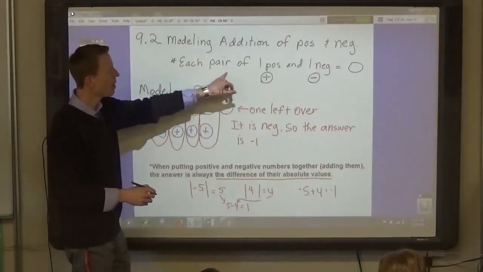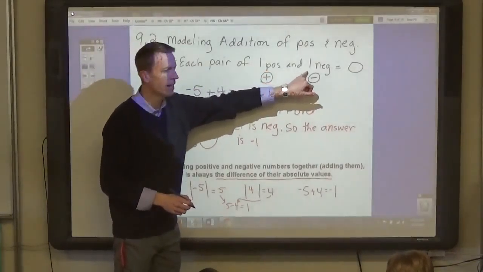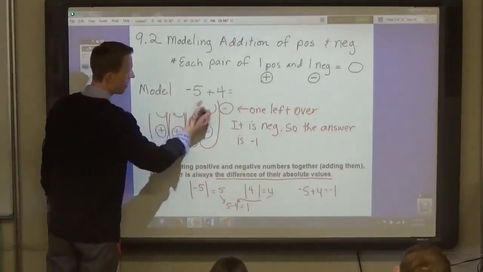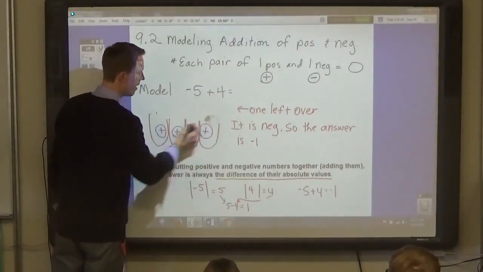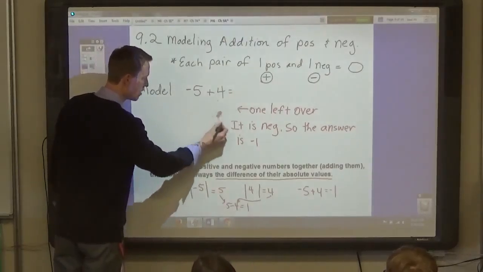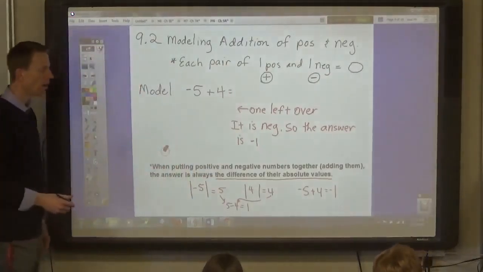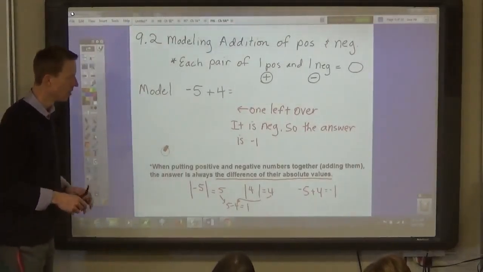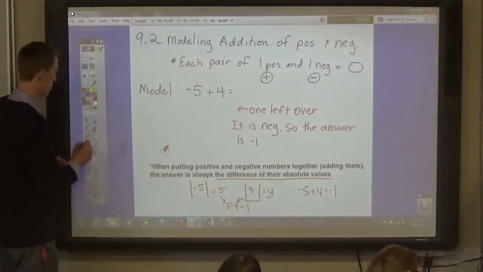Each pair of positive and negative equals 0. Here's how I want you to think of this. If you were going to draw out a model to show your little brother or sister how to find the difference. Okay?